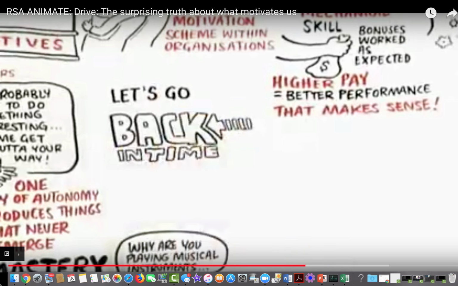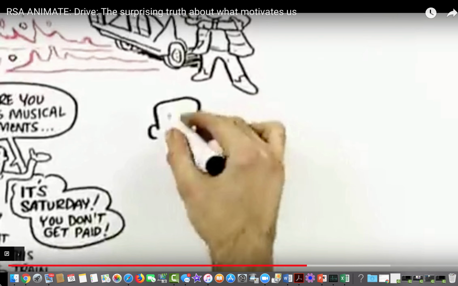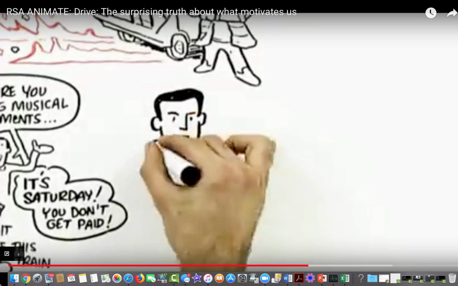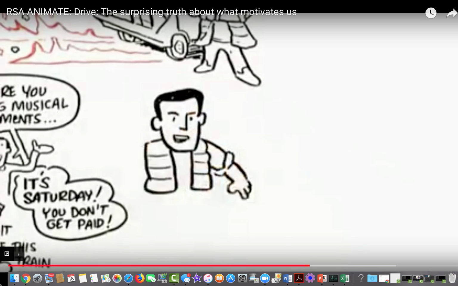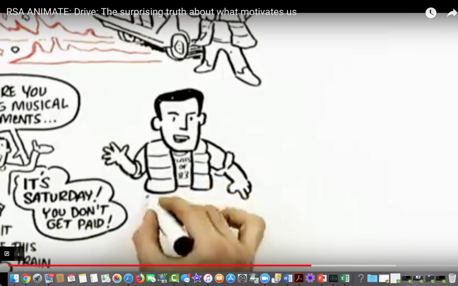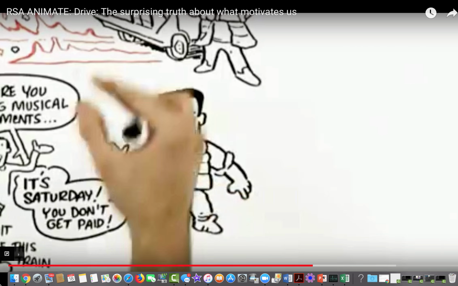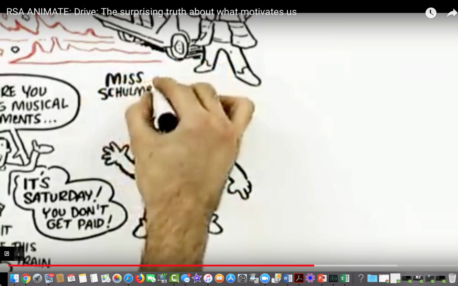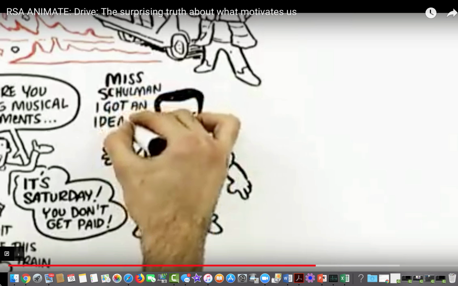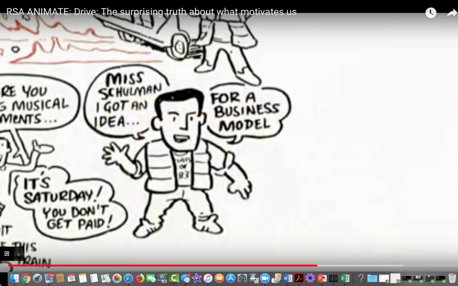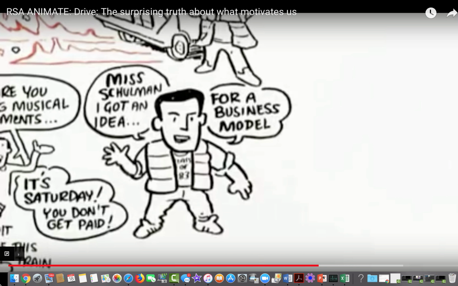Go back in time a little bit. I imagine this: if I went to my first economics professor, a woman named Mary Alice Schulman, in 1983 and said, Professor Schulman, can I talk to you after class for a moment? I got this idea for a business model. I just want to run it past you. Here's how it would work.